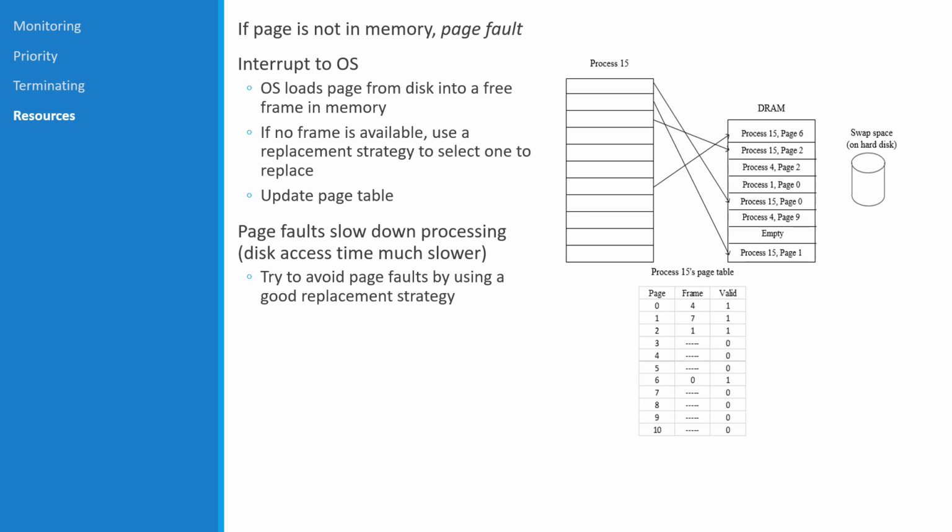You may have heard the term page fault. What exactly is a page fault? A page fault is something that happens quite frequently on most systems. In most servers, you won't have enough memory to run all of your running processes on physical RAM, on physical memory. So you use virtual memory.